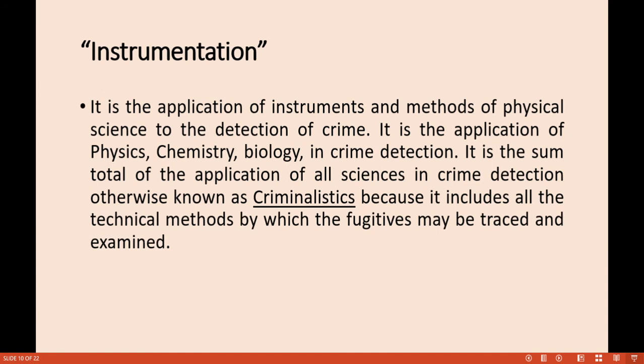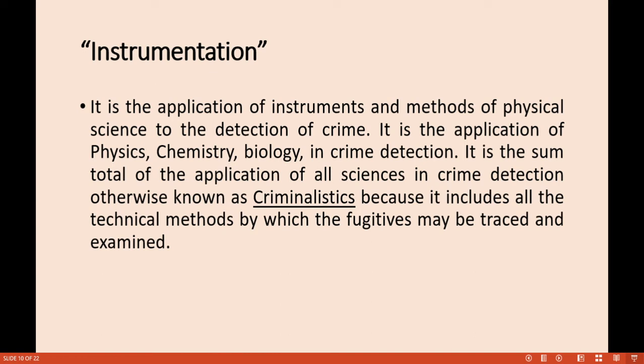Instrumentation. What is instrumentation, class? It is defined as the application of instruments and methods of physical sciences in detection of crime. It is the application of physics, chemistry, and biology in crime detection. Remember that all of the sciences are used to detect crime.